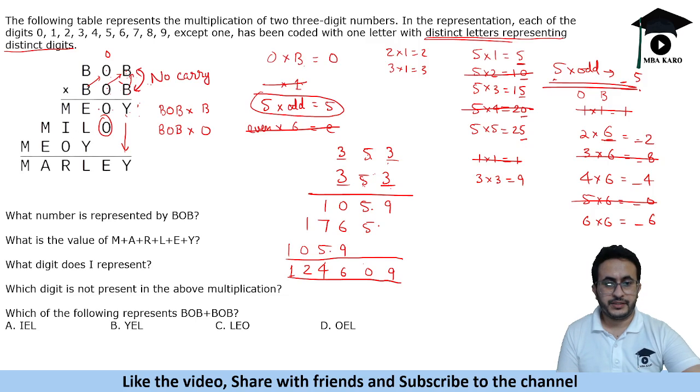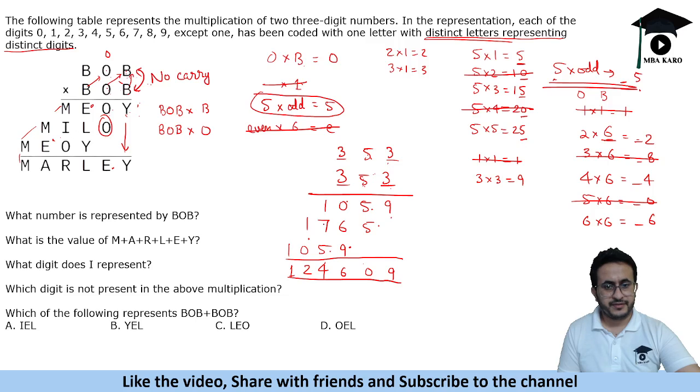Then if you look at MEOY, Y is 9, so Y is represented as 9 in all places. O is 5, that is correct. E is 0, so E is represented as 0 in these places, so here we have 0 0 0. M is 1, so 1 1 1 and 1. So M is also satisfied.